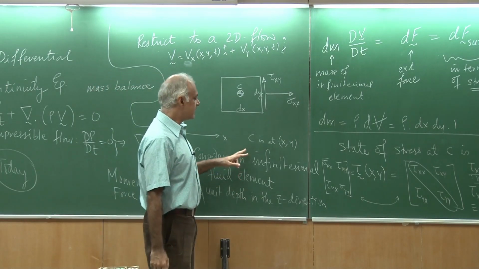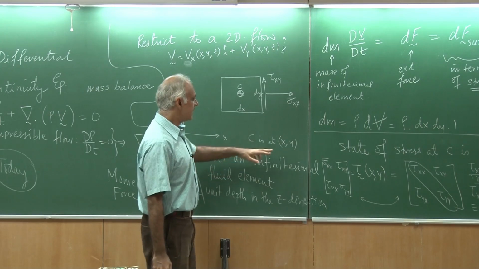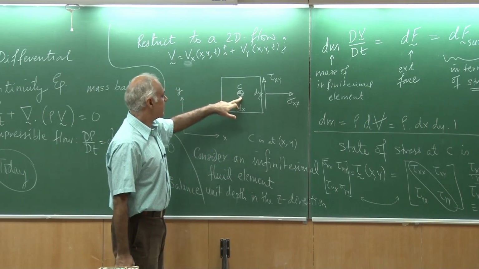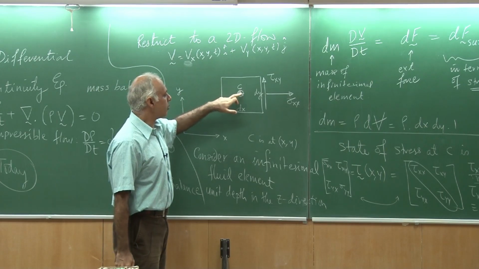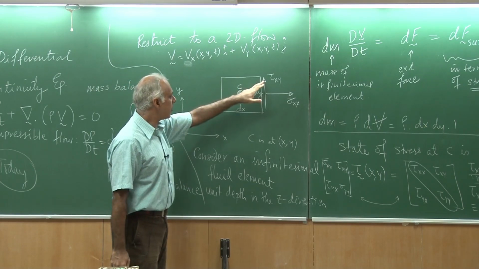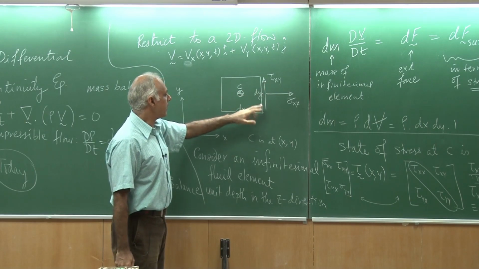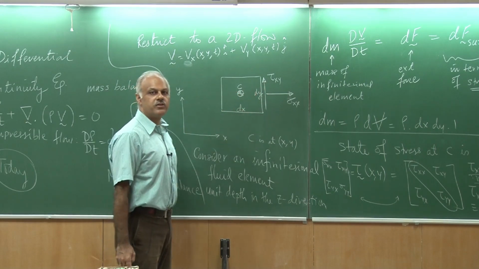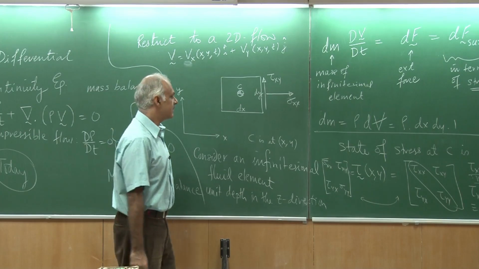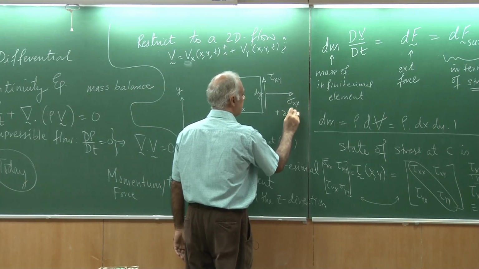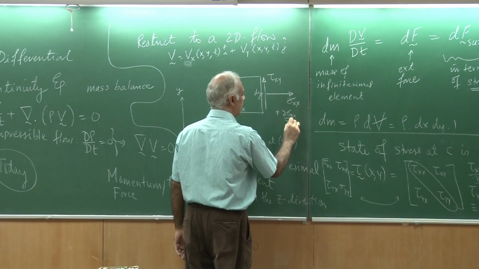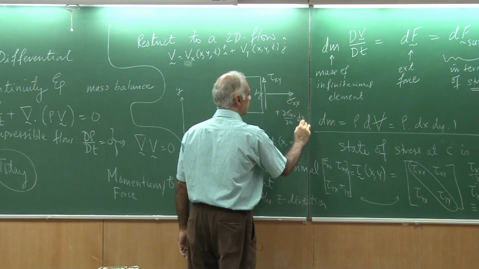But there is a small catch. I said the state of stress is defined as tau xy and sigma xx at the point C, but now I am drawing them at a point which is a little bit away. So, we are going to use Taylor series expansion. I am going to write this as sigma xx plus del sigma xx by del x times dx by 2.